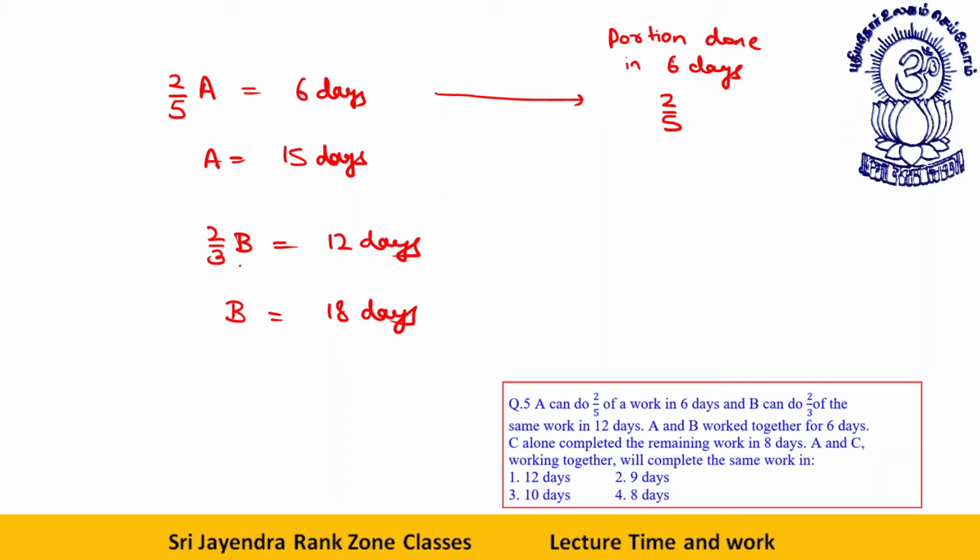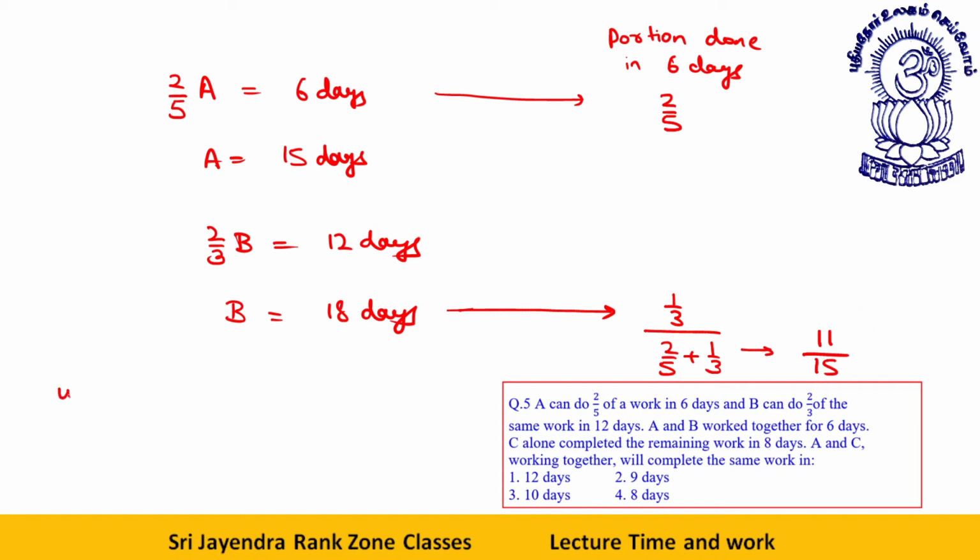In 12 days, B does two-thirds work. So in 6 days, B will do how much? One-third work. So portion done is 2 by 5 plus 1 by 3, or I can say this is 15. 3 into 2, 6, 5 into 1, 5, 11 by 15 done.